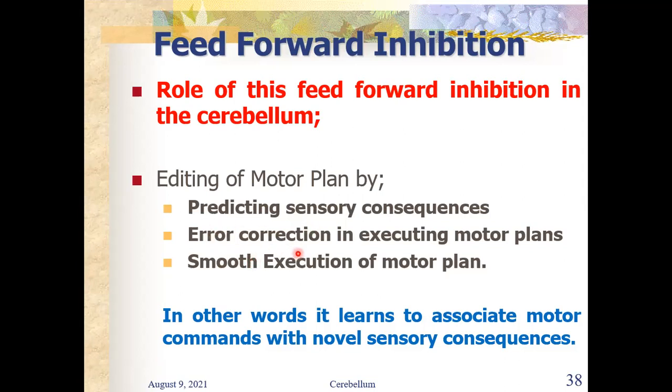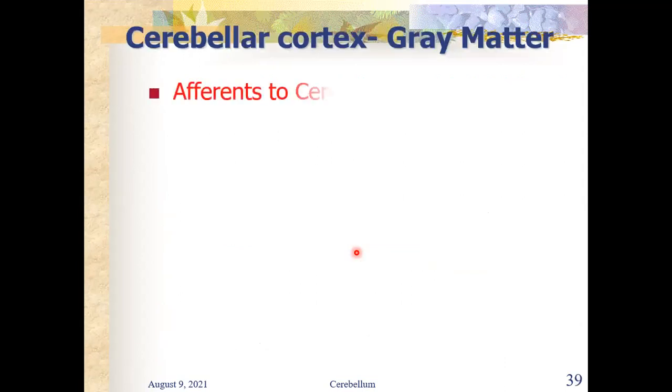That is when error correction comes in. So the feed-forward inhibition will now come in to correct that motor plan to match with the existing memory of the motor plan in the cerebellum. So that is the summary of the function of that feed-forward inhibition.